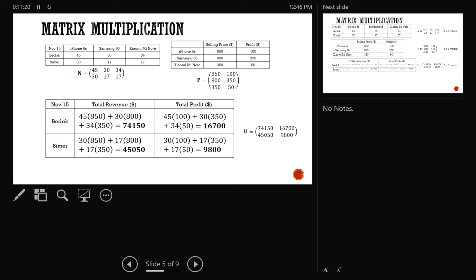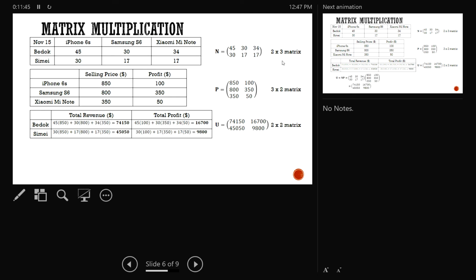What we have left will be a summary, where we have part of the information. This over here, Bedok and Simei, it came from our first matrix. Then we've got the revenue and the profit. It came from the other matrix over there. It's like a combination, but you lose some information. That is the handphone models. Okay? So this is what matrix multiplication is like.